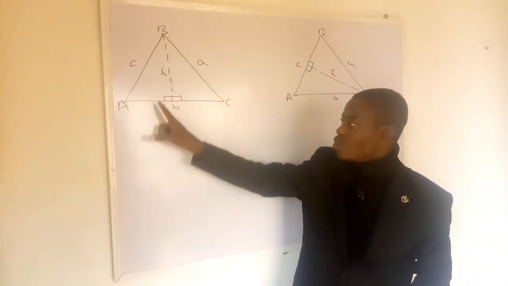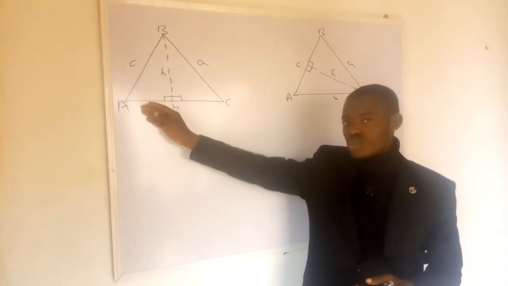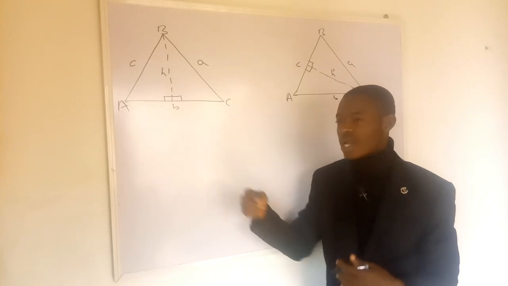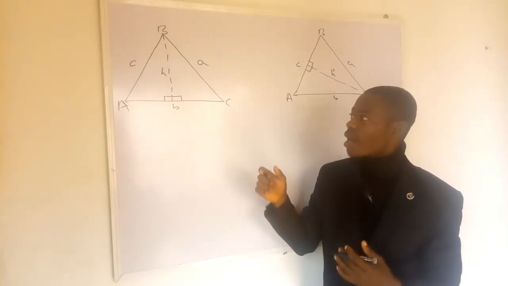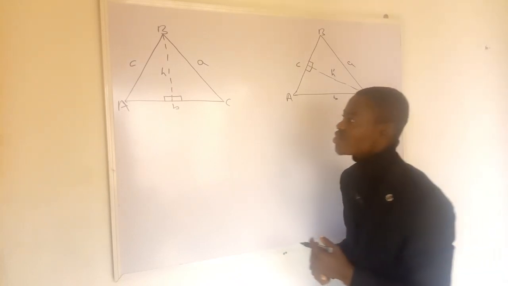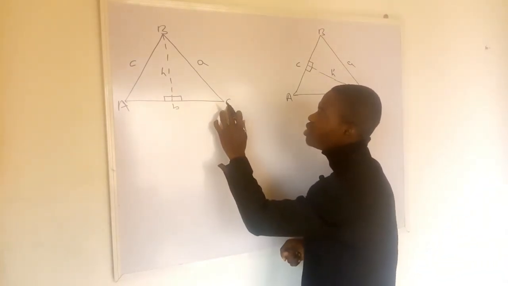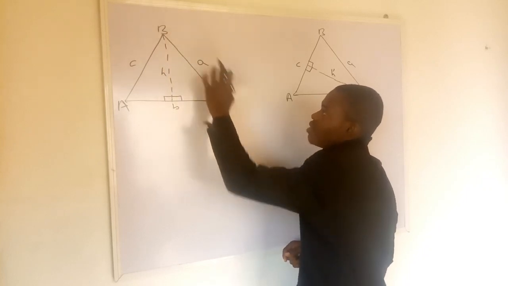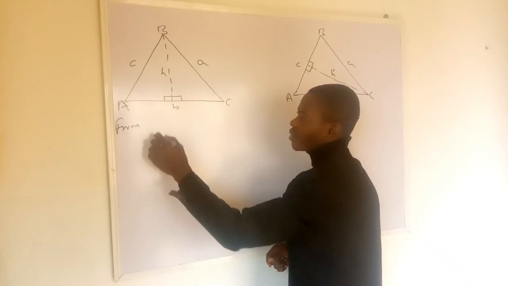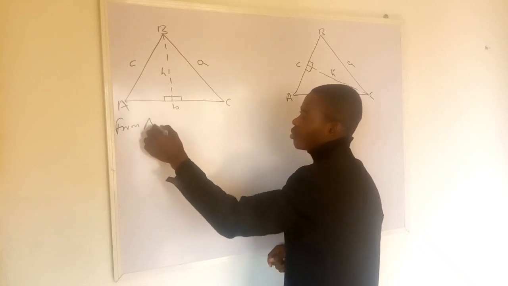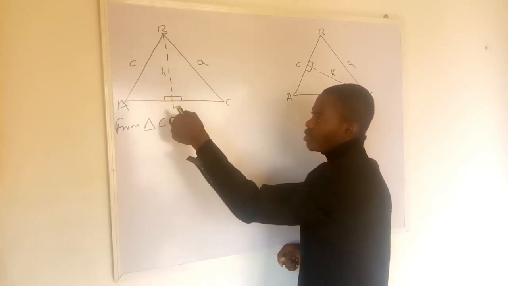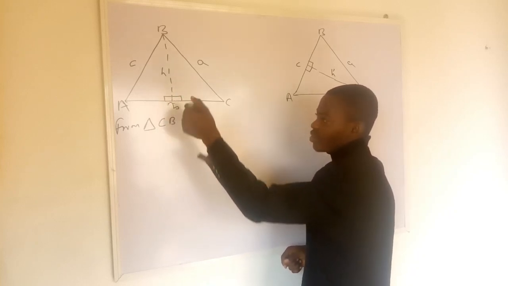Now this triangle ABC has been entirely split into two different triangles. However, these two triangles can be used to find the value of H. And we are going to be considering both of them. So let's begin with the first one. From triangle CBM, let's call this part M, the bisection.